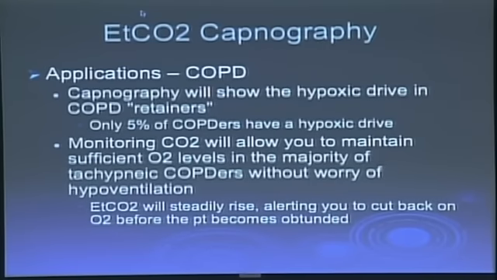Capnography will show the hypoxic drive in CO2 retainers. This little thing says only 5% of COPDers have a hypoxic drive, maybe 10%. So you can follow hypoventilation, because if their CO2 starts to rise, they're hypoventilating.